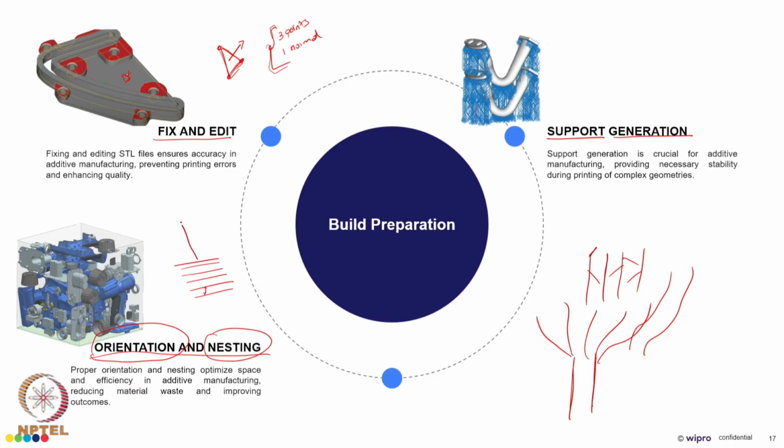So, if there is a tensile load which is acting like this, then we may get some failure. These kinds of things need to be considered for doing the orientation. And all these things are considered as a build preparation step, and there are various softwares available for doing it.